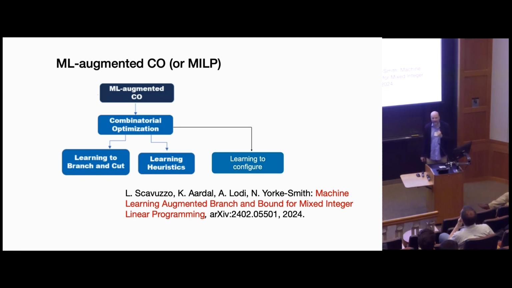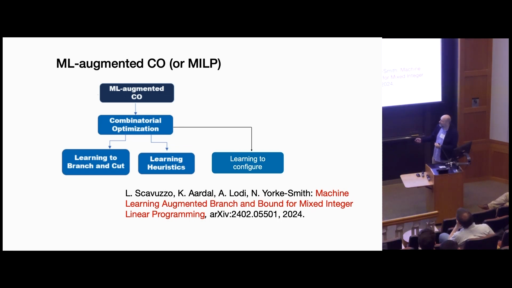And the clear idea that emerged in the last 10 years is, well, maybe instead of developing heuristics which are very tailored to the problem, we could use data and statistical learning methods in order to devise better heuristics which are faster and data-driven.